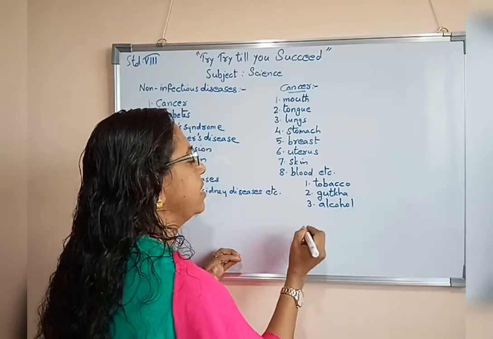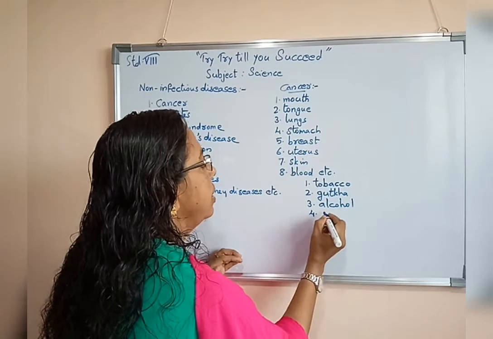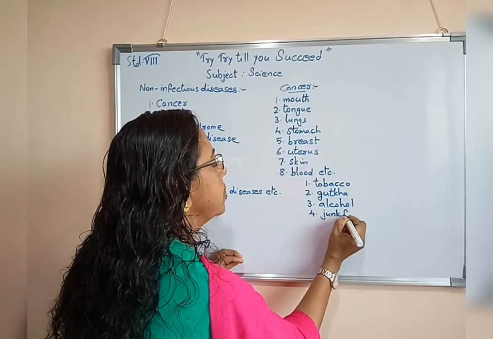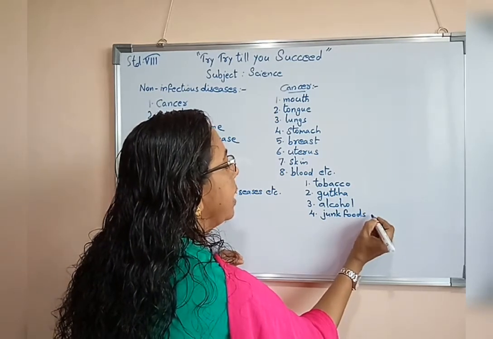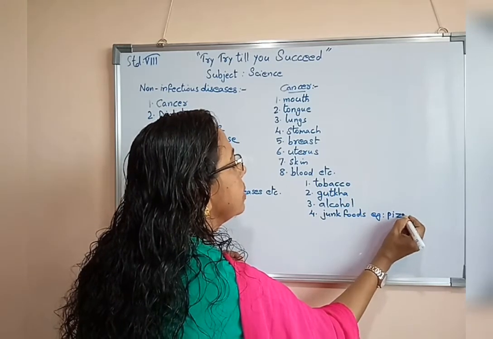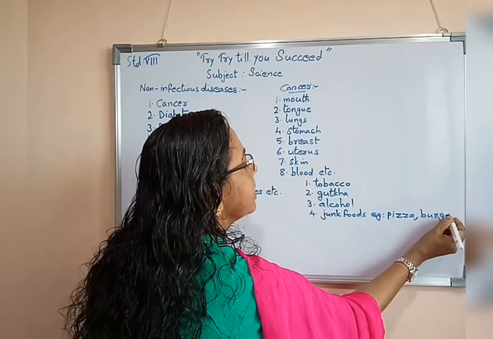Alcohol means people who drink, it will affect them. Other thing, junk food items. If we take junk foods, for example pizza, burger, etc.